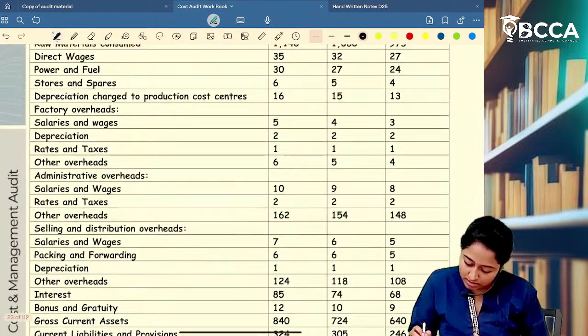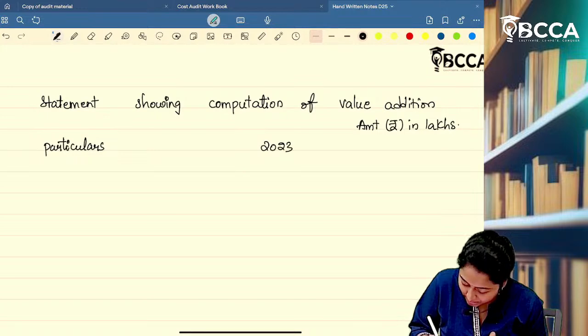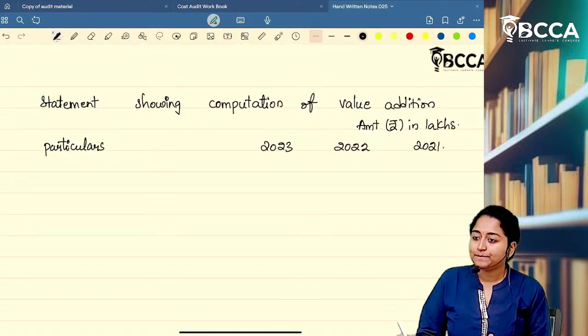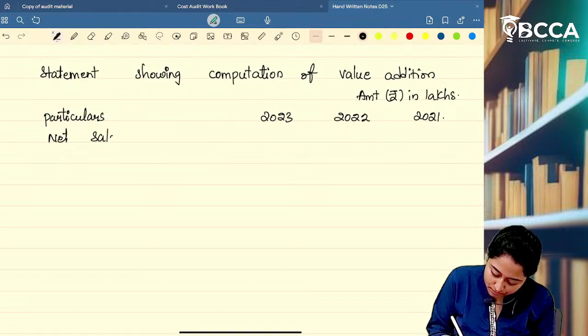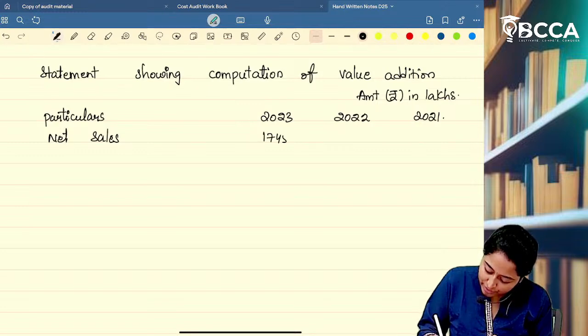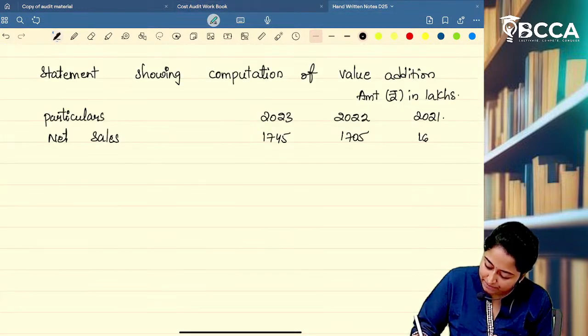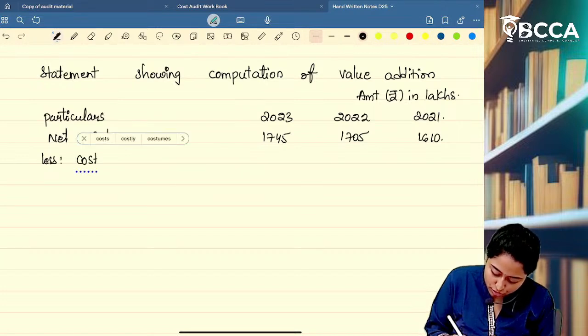Particulars 2023, 2022 and 2021. Okay, now net sales. 1,745, 1,705 and 1,610.